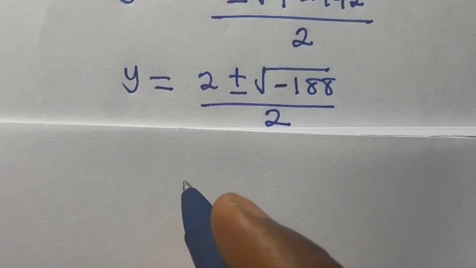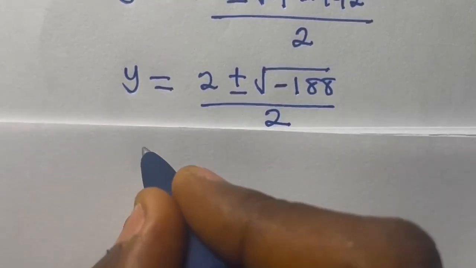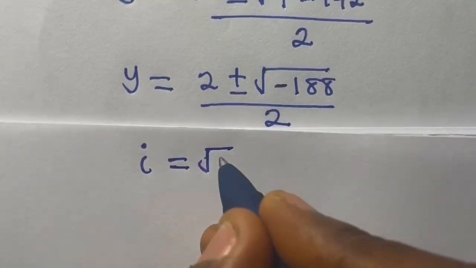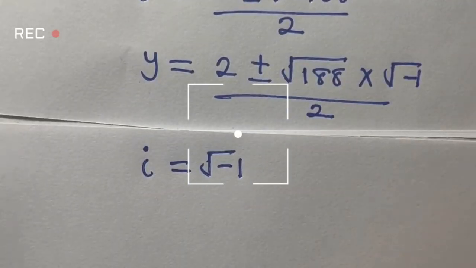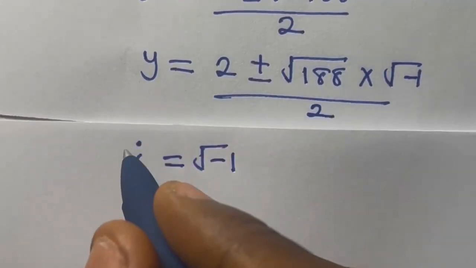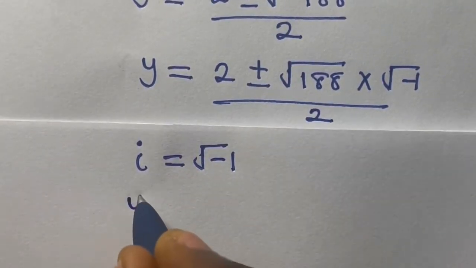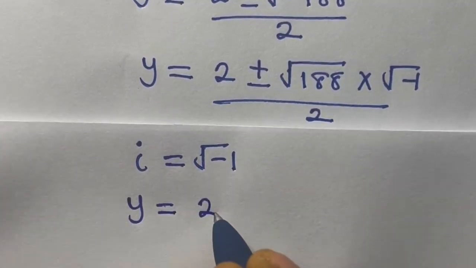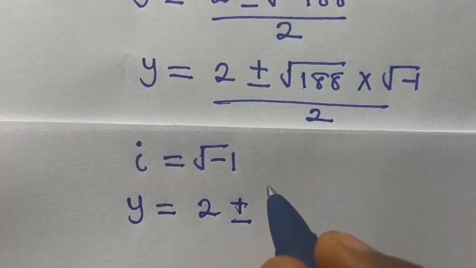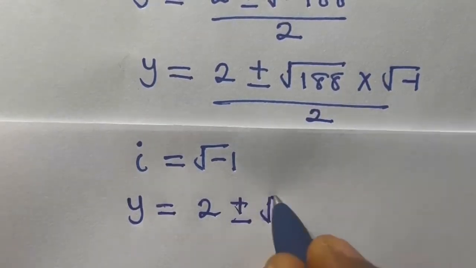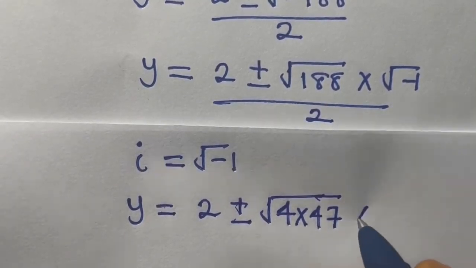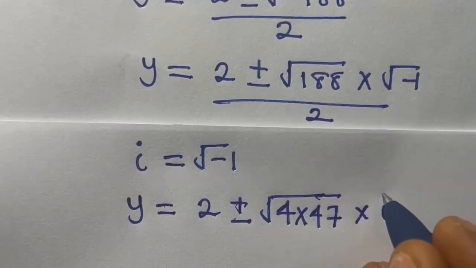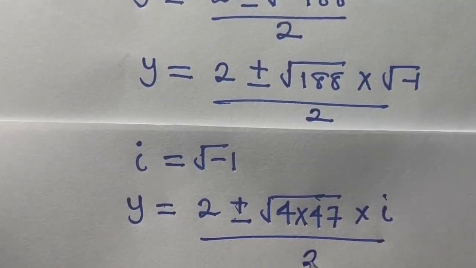But guys, let's recall that i, which is iota, equals square root of minus 1, right? Okay, so let's not forget this is where we are. All right, so now we will have our y equals 2 plus or minus. This 188, we could express it as 4 times 47, times, don't forget, our square root of minus 1 is iota i, divided by 2.